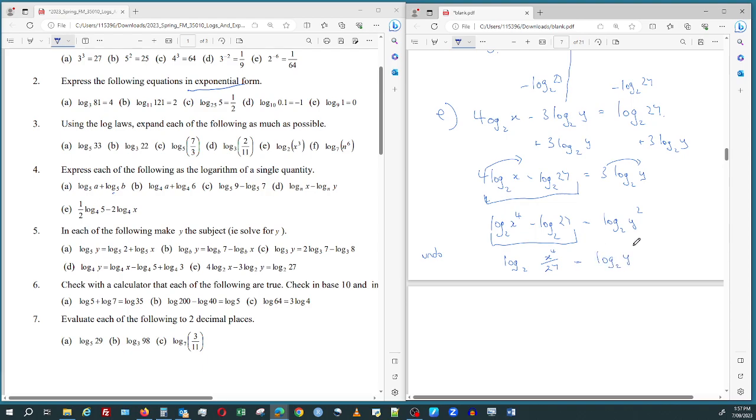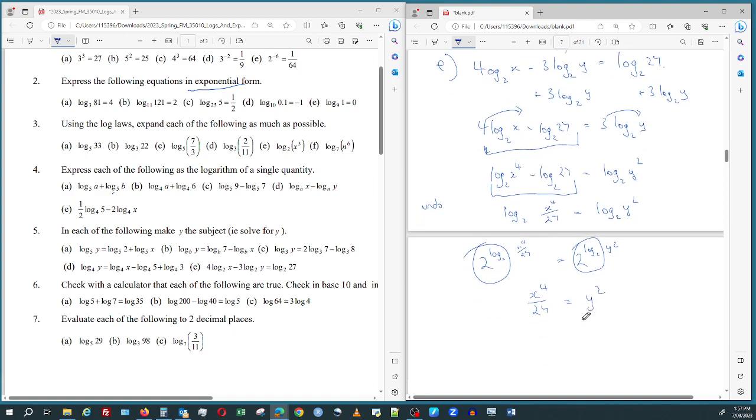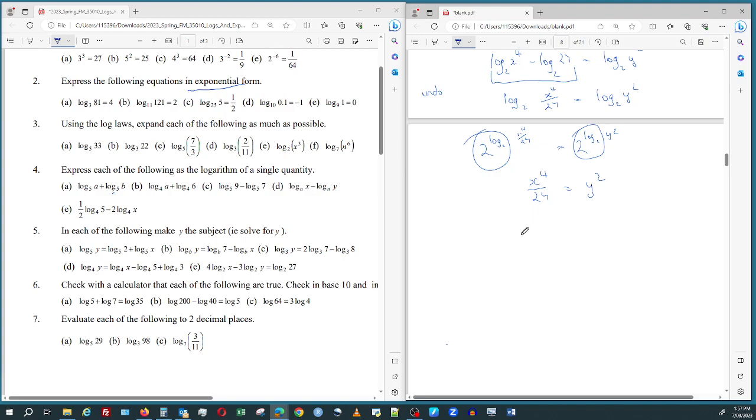Now we can undo. Taking 2, undo, x to the 4 over 27. What you do to one side, you do to the other. y squared, there, undo. And so we're left with x to the 4 over 27 is y squared. Now we can just algebraically manipulate this.